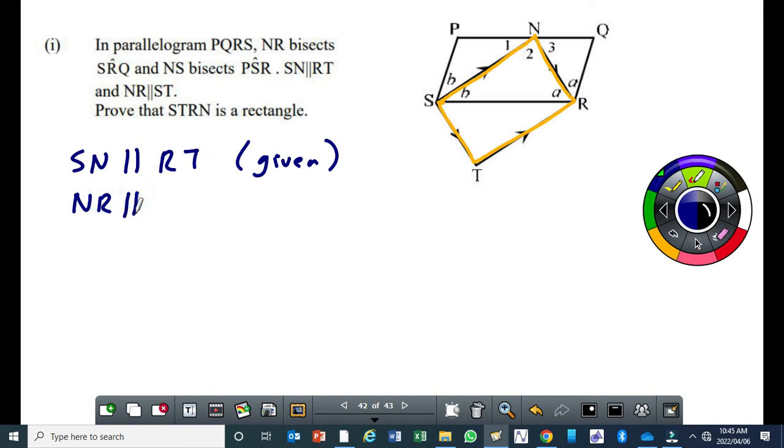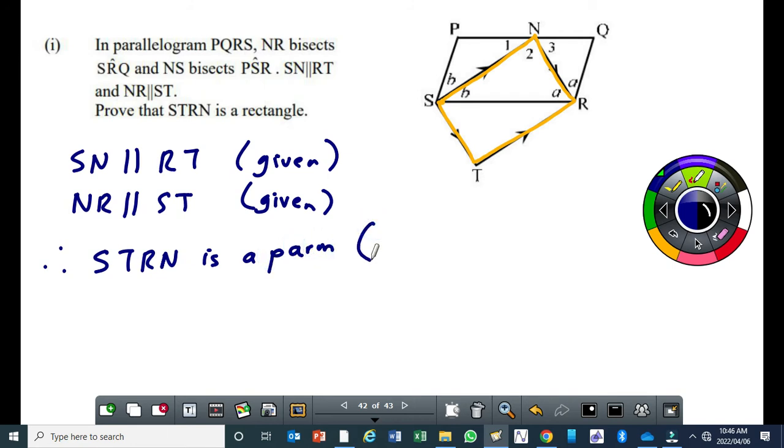NR is parallel to ST. Again, this is also given. Right? Now, do you see that we have got two pairs of opposite sides that are parallel? Which means, based on the fact that we have got two pairs of opposite sides that are parallel, we can say, therefore, STRN is a parallelogram.